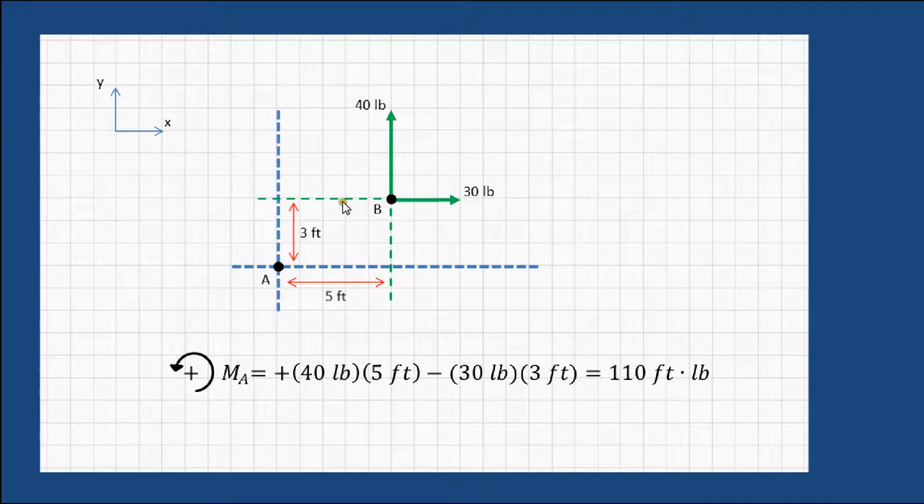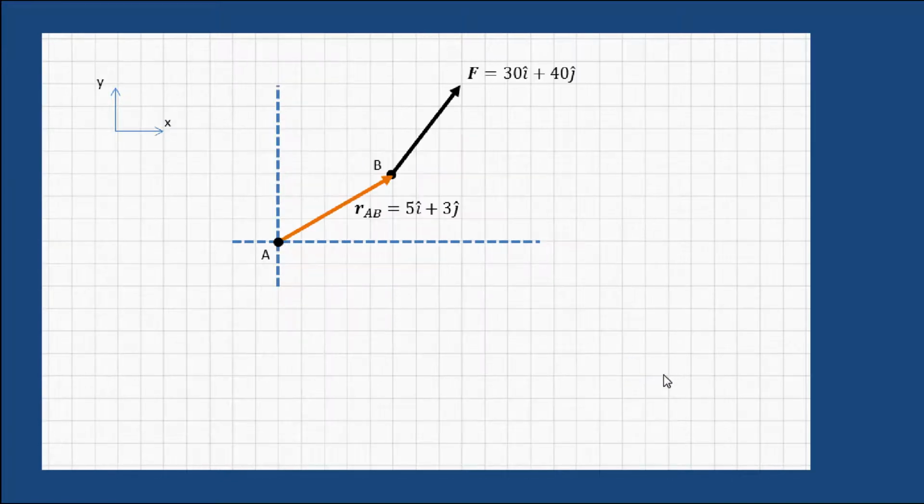Now the 30-pound force acting from left to right at a point above the line of action of point A ends up producing a clockwise sense of rotation. So it comes in with a negative sign, and the magnitude of this component of the moment is 30 pounds times 3 feet. So the 200 foot-pounds minus the 90 foot-pounds equals a total moment of 110 foot-pounds.